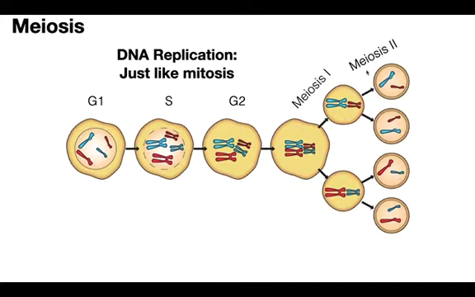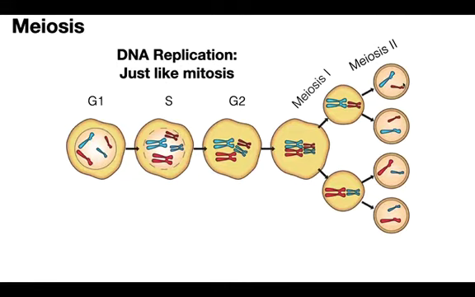And in the second try, meiosis 2, it successfully splits these sister chromatids, but now instead of having four normal chromosomes in each cell, it splits into two normal chromosomes in each of four cells. So there's the big difference.